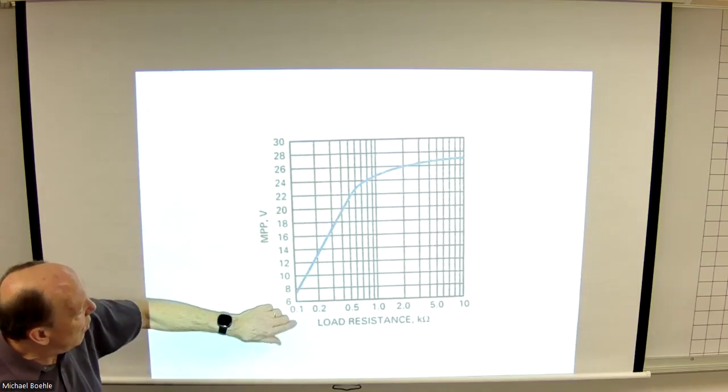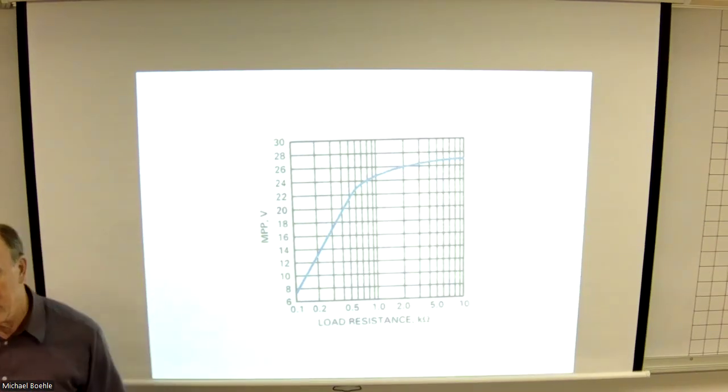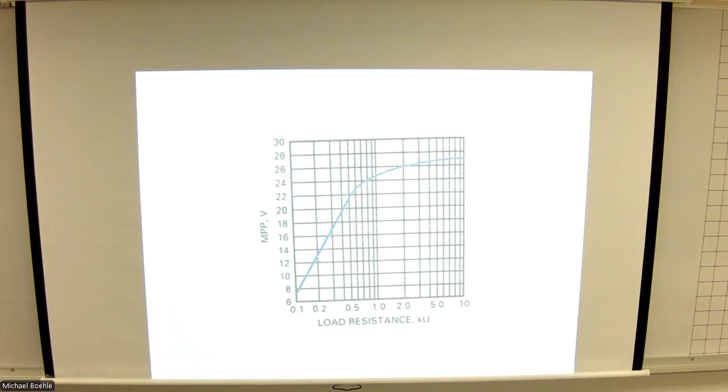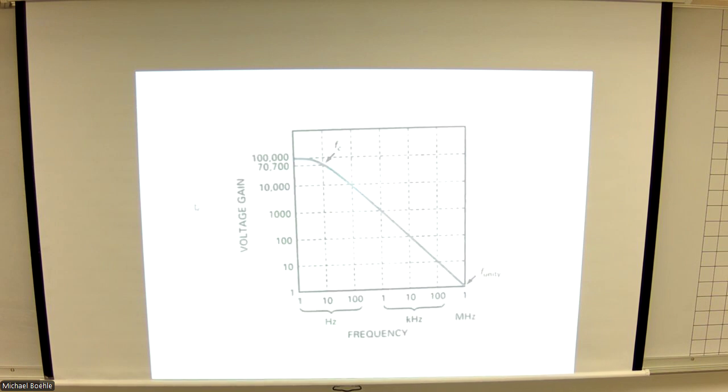But when it gets too low, I just can't get any more out. Now, this is a result of that internal output resistance. There's another factor that we're going to talk about as well that can affect that maximum peak to peak. We'll get to that here in a second.